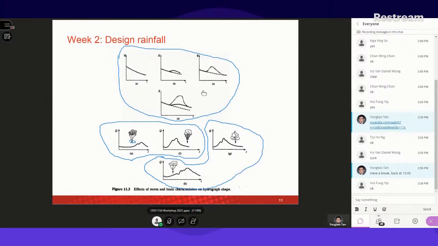And there are four major components of the hydrograph for a permanent stream: direct surface runoff, interflow, channel precipitation, and groundwater flow.